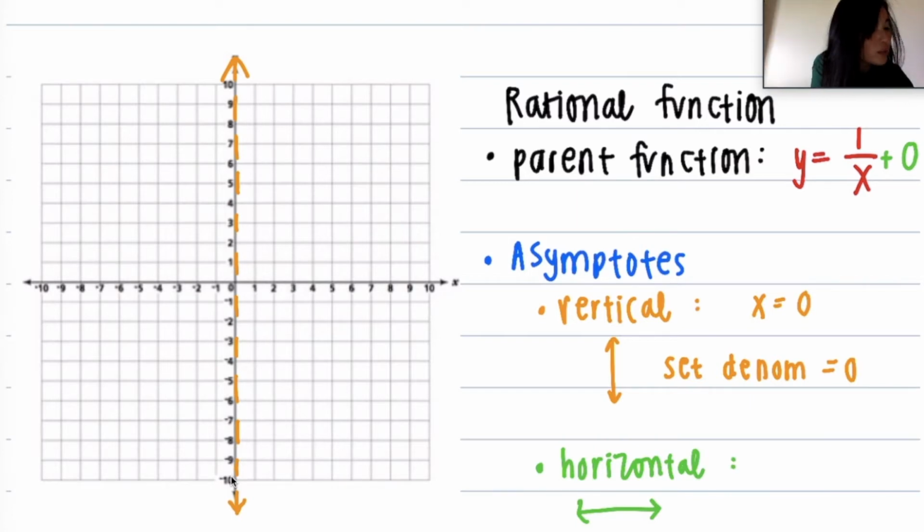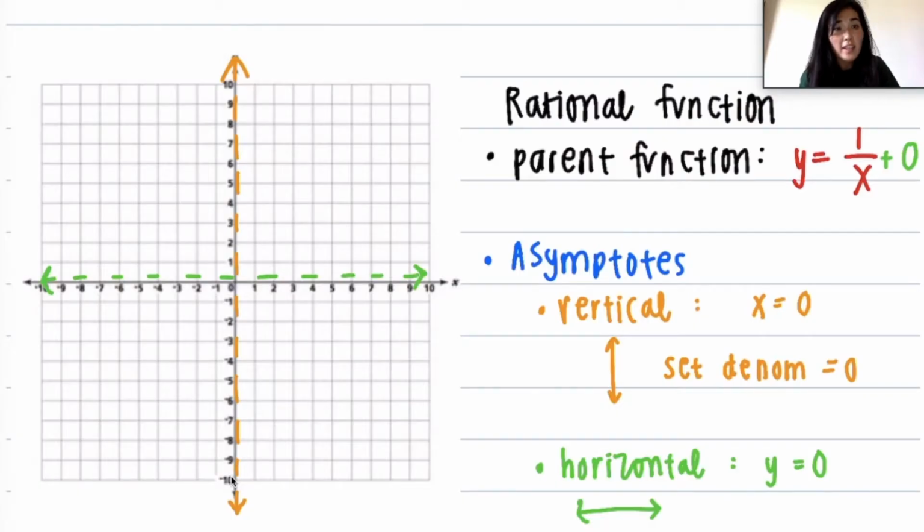So here we're going to use y, because y is going to be that horizontal line. y is equal to 0. And so our other asymptote would look something like this. All right, so those are the asymptotes. So all of your graphs that you guys will be graphing will have asymptotes. Two invisible lines that your graph is going to get close to, but not touch.